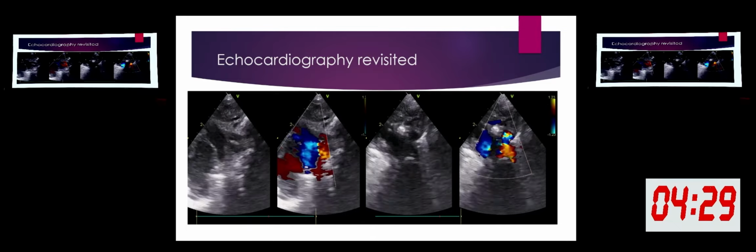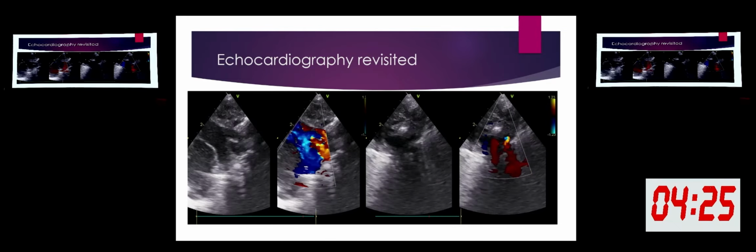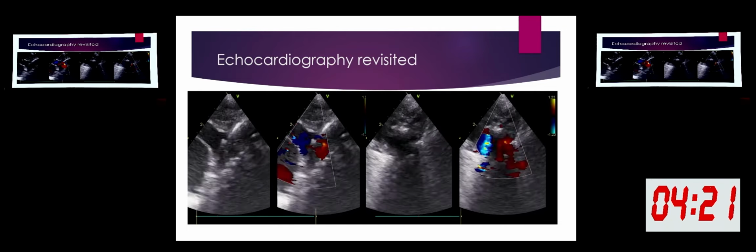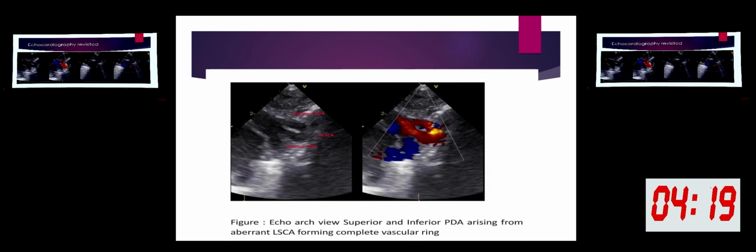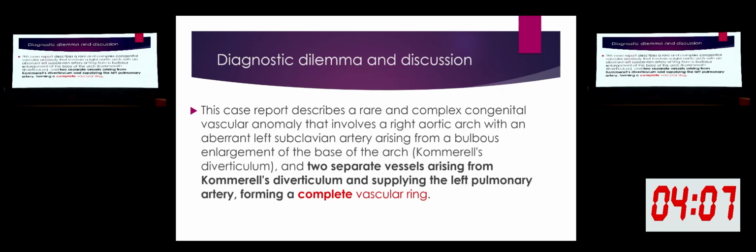And they showed that this is the descending thoracic aorta, this is the aberrant subclavian artery, and when they rotated, they could also show both the PDAs. So this is the still image: the descending thoracic aorta, the superior and the inferior PDA, and this is the aberrant left subclavian artery.